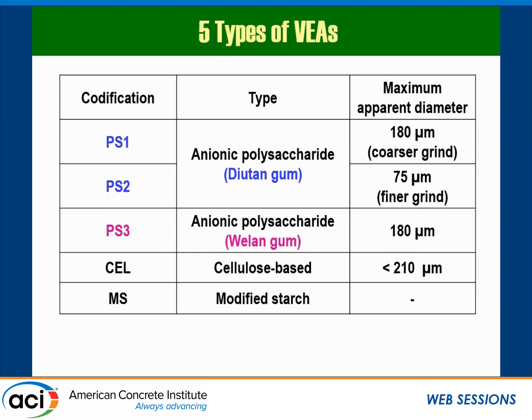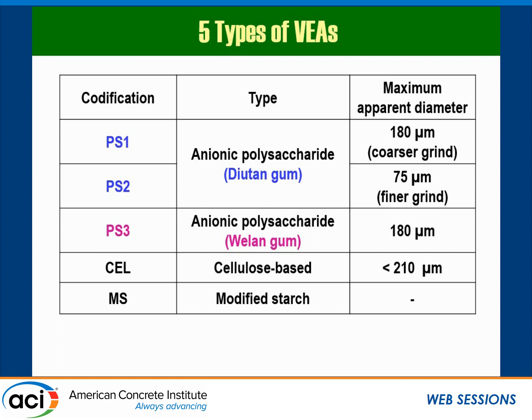In terms of viscosity-enhancing admixtures, we used 5 of them in different combinations with superplasticizers. PS1 would be a diutan gum, which is a polysaccharide. PS1 and PS2 are the same, except that they are ground at a different fineness. PS1, in maximum apparent diameter, would be relatively coarse. If this were cement, the 75 micron would be about 80 to 90% of the cement.